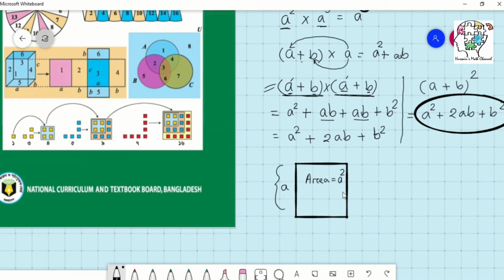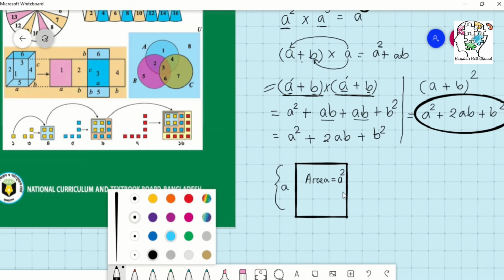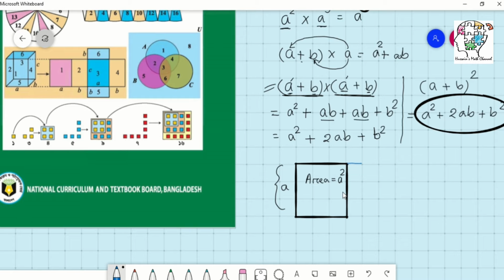Now what happens if we extend this side by another portion, say b, on both sides, like this?